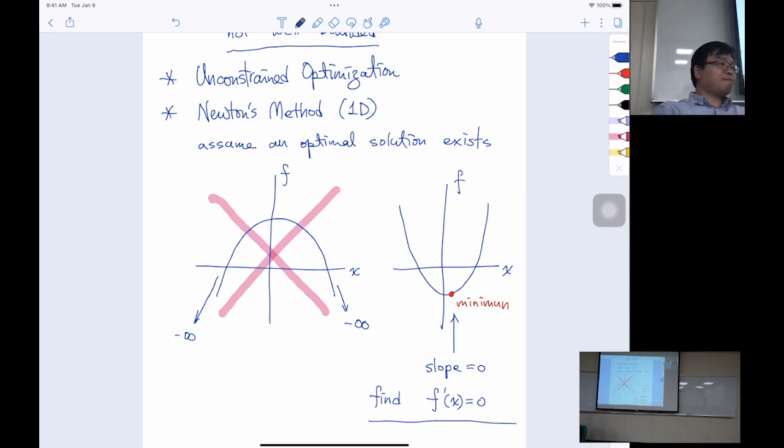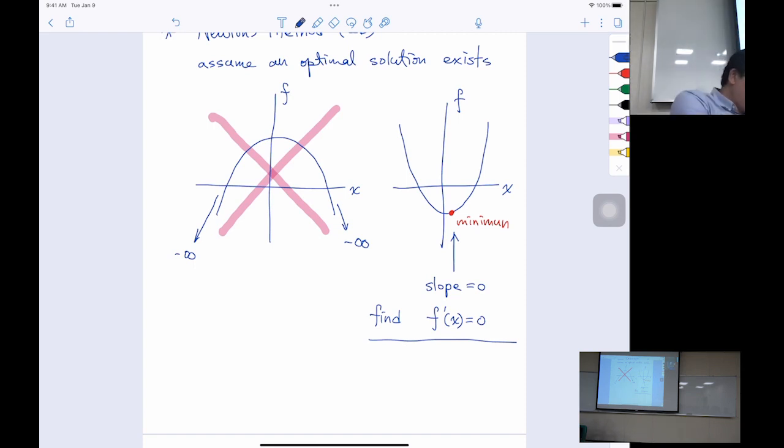And what Newton did was, no matter what kind of function it is, let's approximate the function like polynomials.